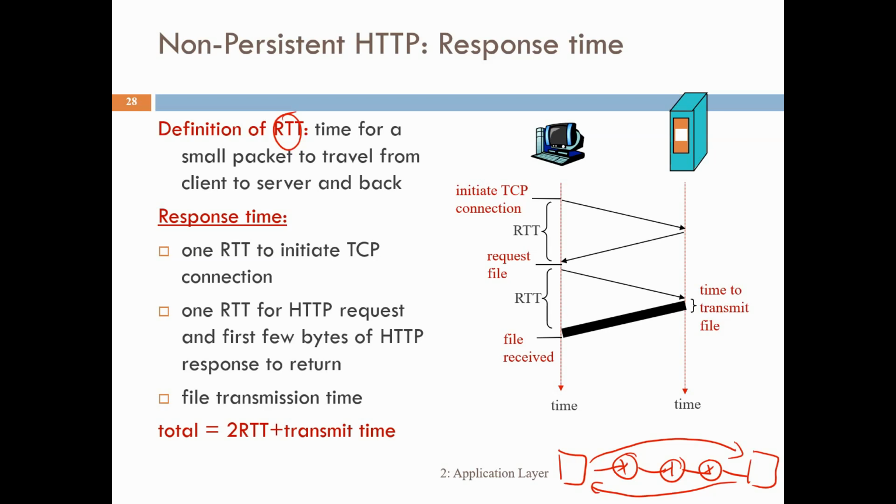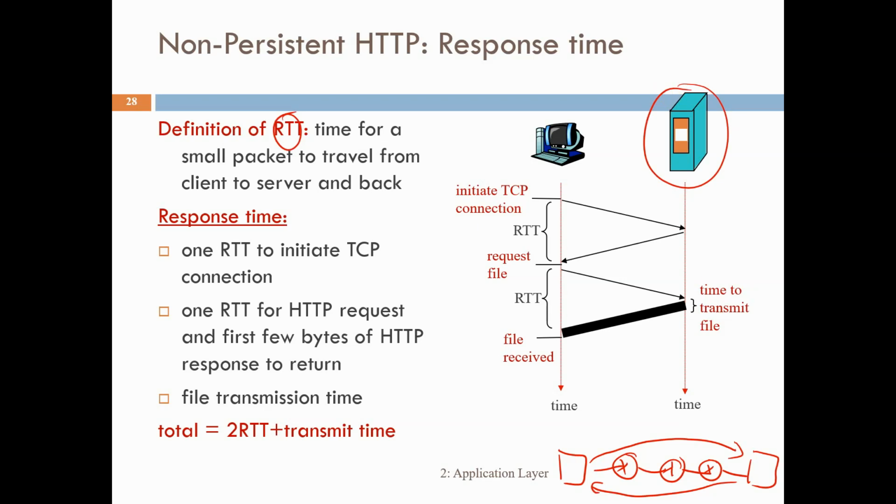Why do we say small packet? Because round trip time includes all the delay components except for one, which is the transmission delay at the server. All the queuing, all the processing delays, all the propagation delays, and all the transmission delays as well, except for the transmission delay of the final destination, the server, when it sends the response back.